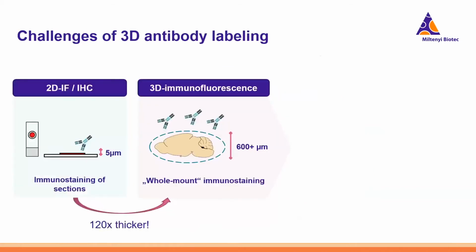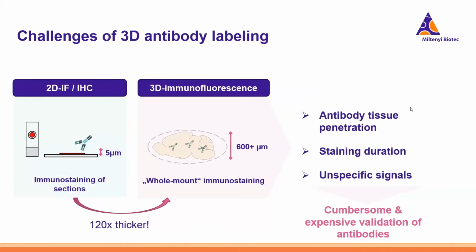And it's not only that you have now this large sample, but also you have to make it optically transparent, right, with tissue clearing. And this is another aspect that has to be accounted for, that the antibody staining really survives also the tissue clearing that follows afterwards. So many beginners face these huge problems that the antibodies do not penetrate the tissues properly.